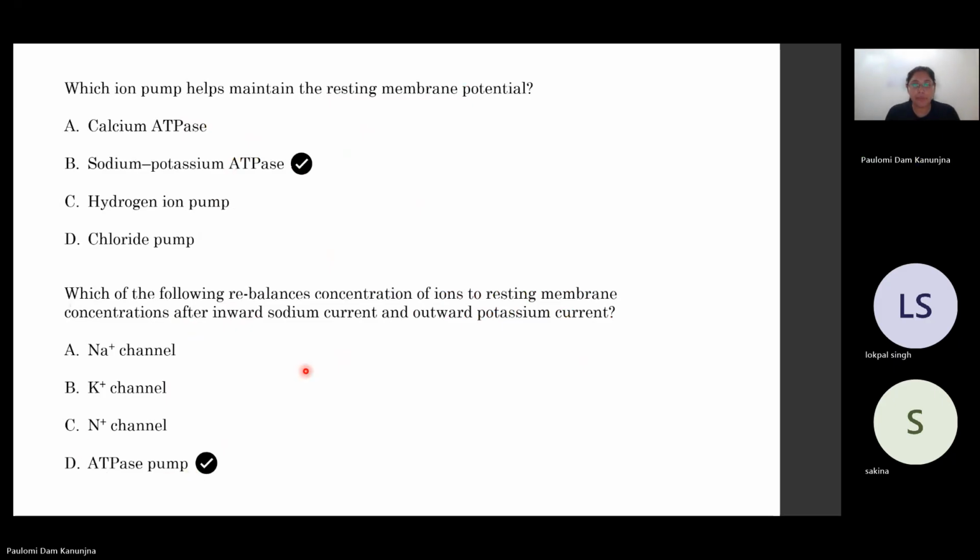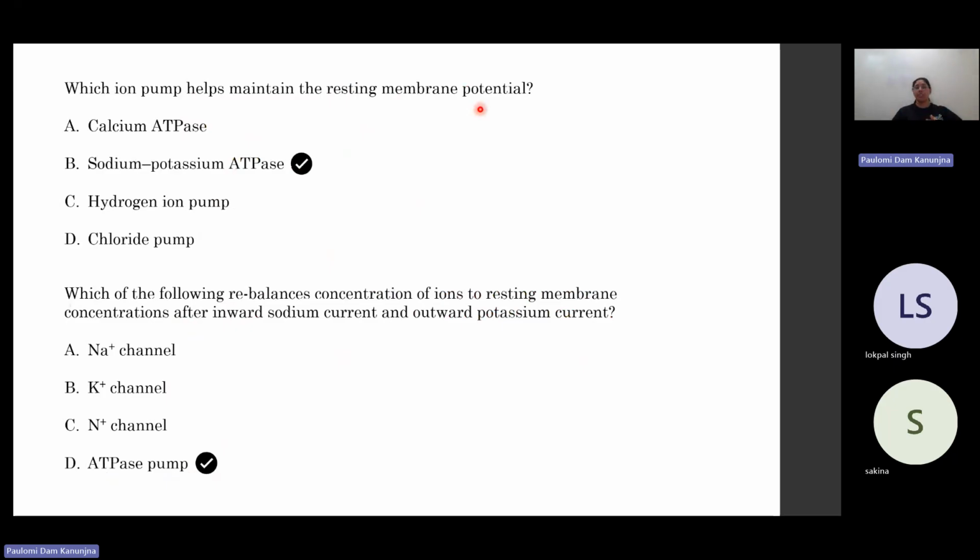So what the first question says, which ion pump helps maintain the resting potential? Pump means anything which moves something, like a pump is basically a gateway that helps move stuff in and out. So that is a sodium potassium pump. We take both sodium and potassium together because one alone does not do the activity. Just movement of sodium is not bringing it back to normal condition.